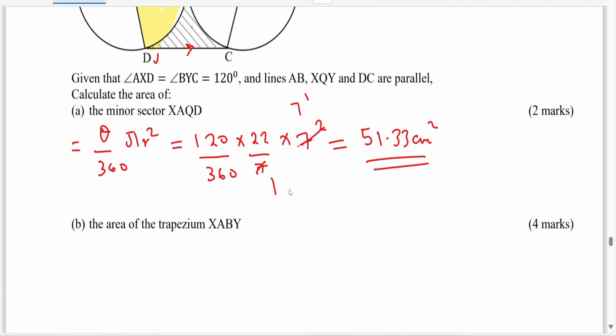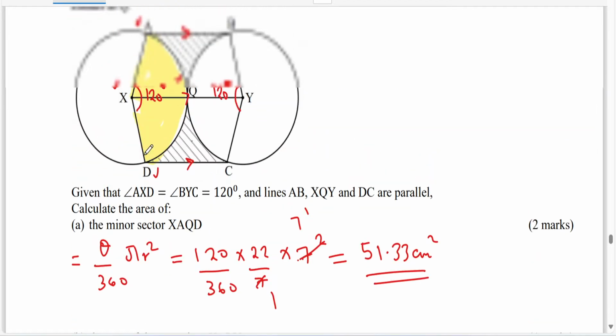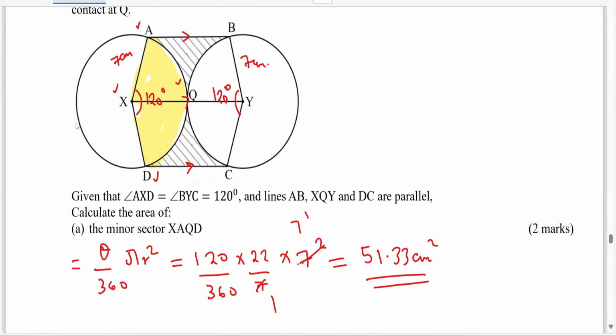Haya, swali la pili, the area of the trapezium SCTBH. So let's use another one. Acha tu tufute pia, but it's not a must for you to be known. SCBH ni hii hapa. So this is trapezium. So hii trapezium.